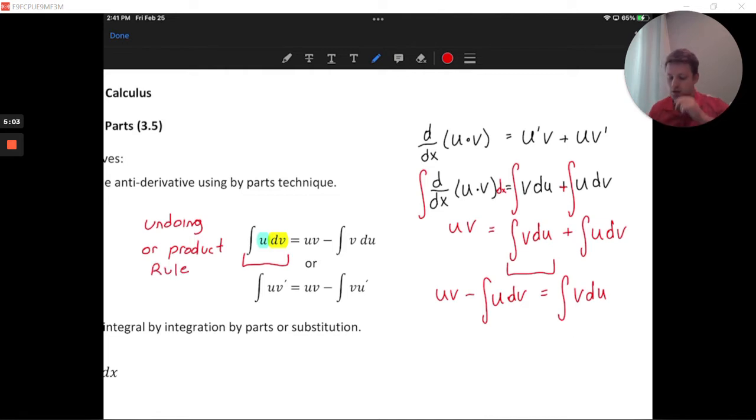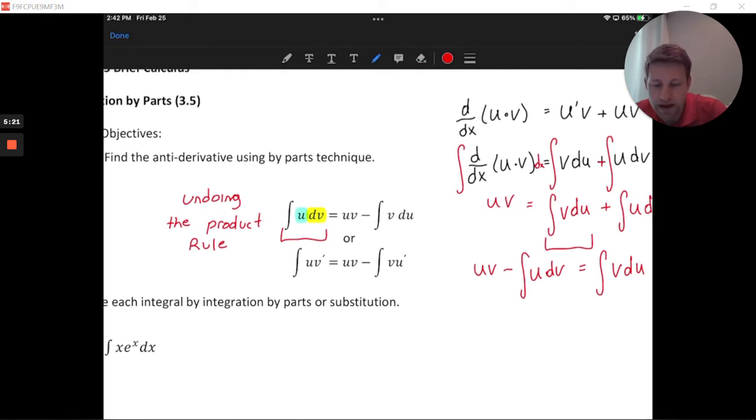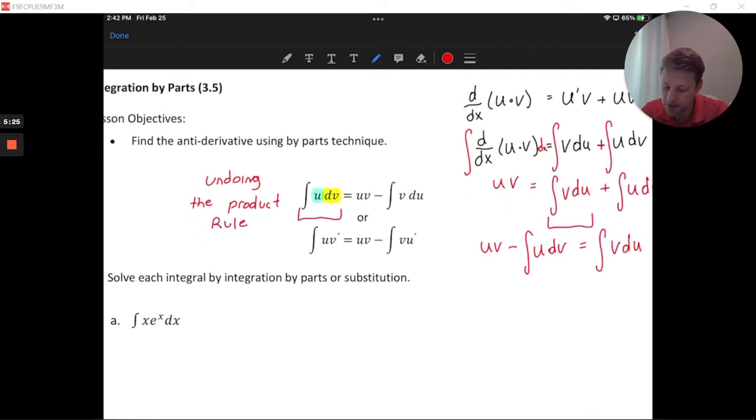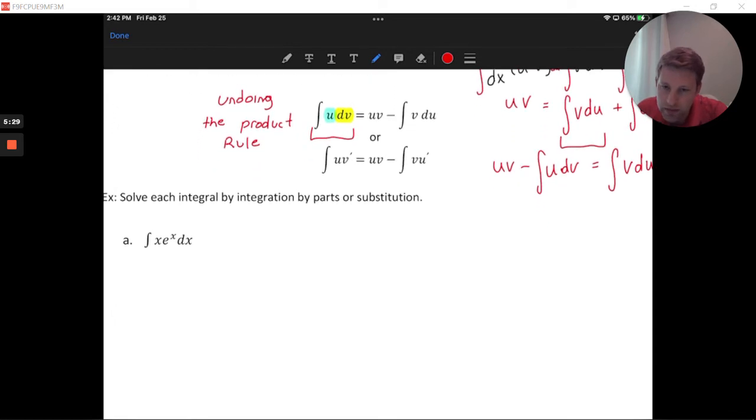If I consider the product rule, we're just undoing that product rule by this new technique of integration by parts. Okay, so there's some background of why this is being used. So let's see if we can start to work with this definition.